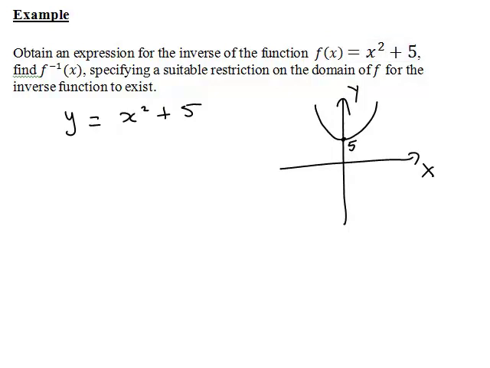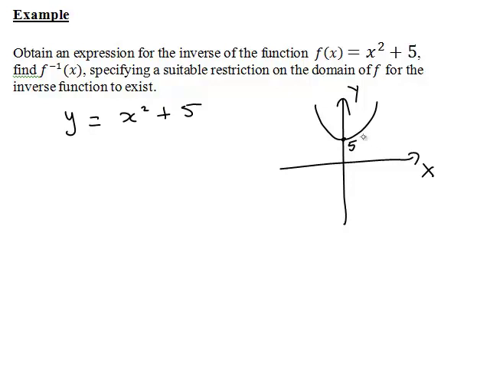So this is not strictly increasing or strictly decreasing throughout. It is actually a decreasing function for all negative values of x as we head towards 0, and then it turns around at that vertex there at x equals 0 and becomes an increasing function for positive values of x. So we need to choose one side of this to restrict our domain to when we're defining the inverse function.